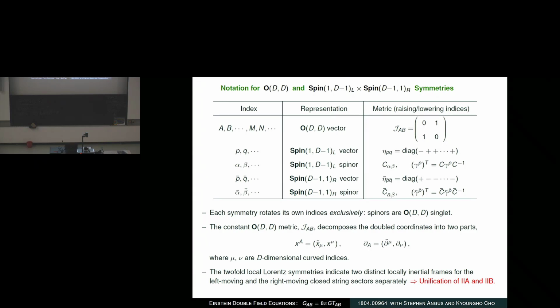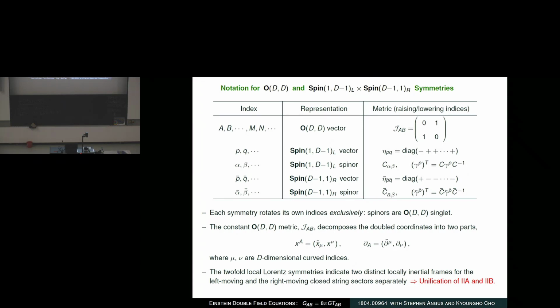So there are two sets of gamma matrices, gamma and gamma bar, and two charge conjugation matrices, C and C bar. Each symmetry rotates its own indices exclusively. So a priori, a spinor will be an O(D,D) singlet.